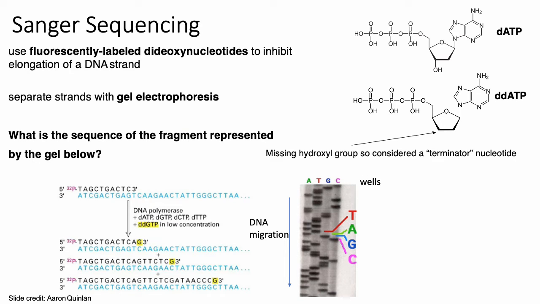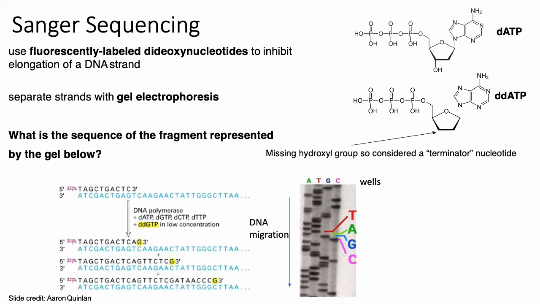The classic Sanger sequencing protocol needs a single-stranded DNA template, a primer that you can anneal to the start of the template strand, DNA polymerase, and essentially you need both standard deoxynucleotides, represented by the dNTPs, and fluorescently labeled dideoxynucleotides, represented as the ddNTPs.